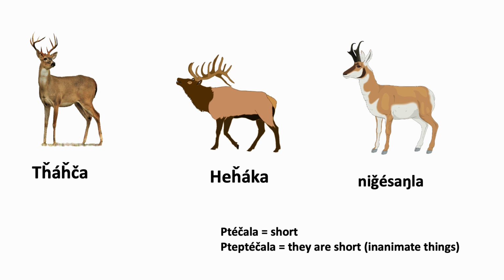So he hanskanska, its horns are long, all right? And then with the antelope, the horns are short, so it'll be the same description all the way around, but when we get to the horns, we know how to say ptechela, which is short, so now we're going to reduplicate that, and we'll say ptechelptechela, okay?